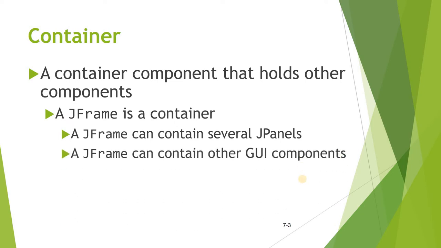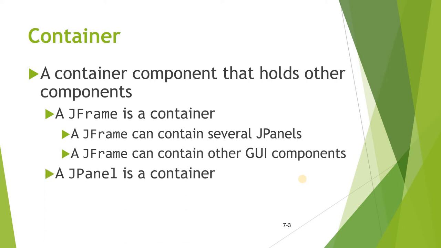All right, so the JFrame can contain other components like panels, buttons, whatever you want. I would recommend you create your frame, which is your basic window, then create panels, then add components to panels, and add multiple panels to the frame. And we'll do that. We're going to start off really small today and build our skills from small to large over time.